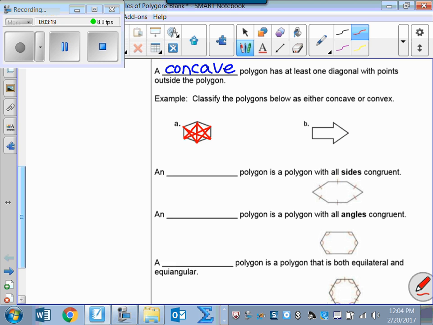Here's a diagonal, here's a diagonal, there's a diagonal, but look what happens when I draw the diagonal from this vertex to this vertex. Part of it, you see, is outside of the polygon, so this would be a concave polygon. And this one over here would be convex because all the points of the diagonals stay inside the polygon.